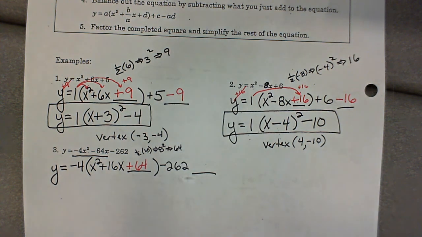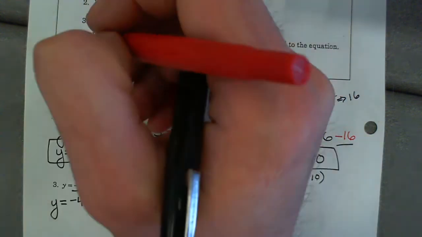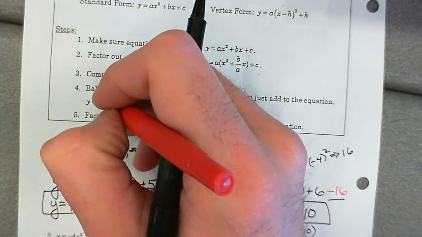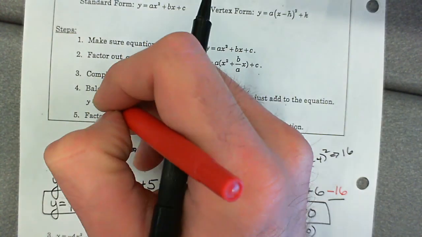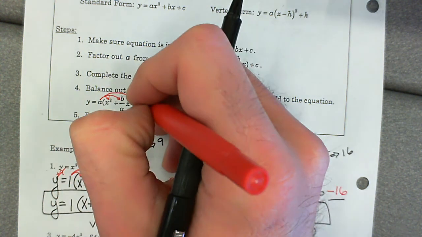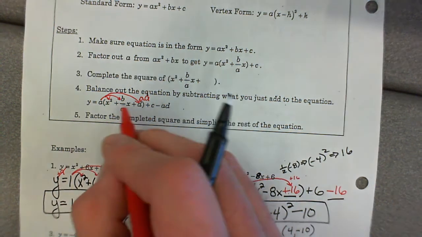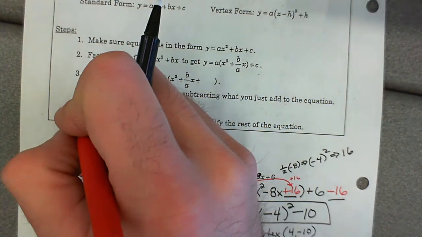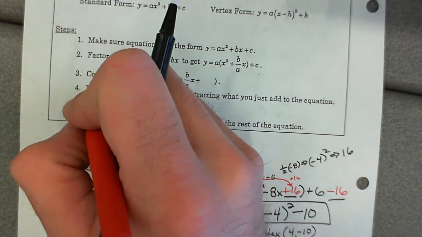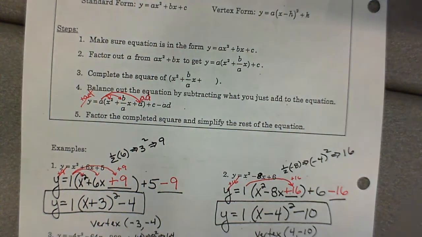Well, this is where things get a little trickier, because this a here gets distributed to all of these terms, including this term, and a times d in this general form is AD. So you need to multiply those together, and then you would actually add A times D to this side. But again, we don't want to do that, so we're going to subtract it from there.